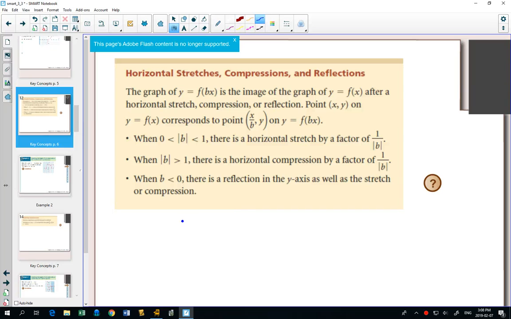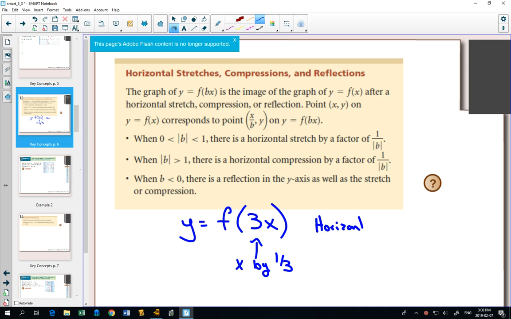If you had something like y equals f of 3x, your x value would get multiplied by a third. So everything inside the brackets is opposite of what you would think, and we would call this a horizontal compression by a factor of 1/3.